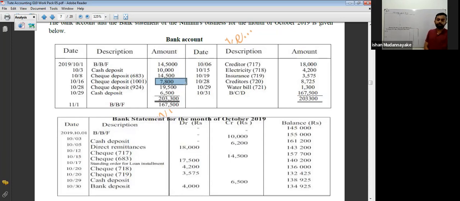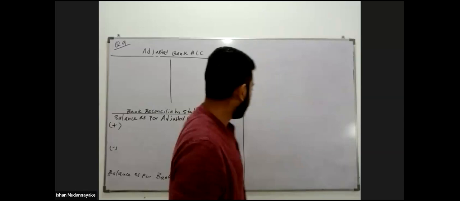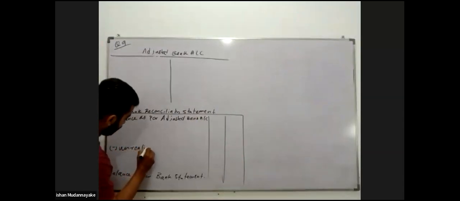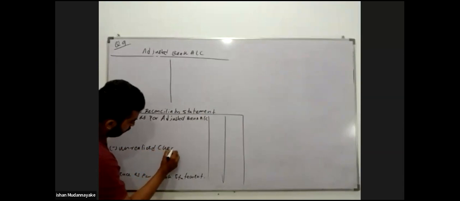Then the 7,800 is an unrealized check. Unrealized check 7,800.